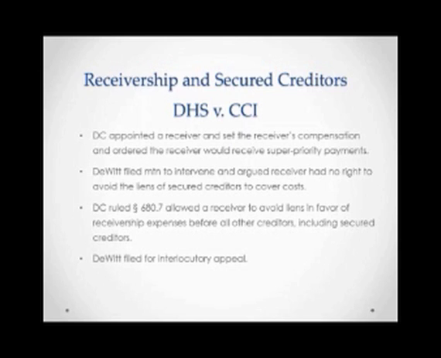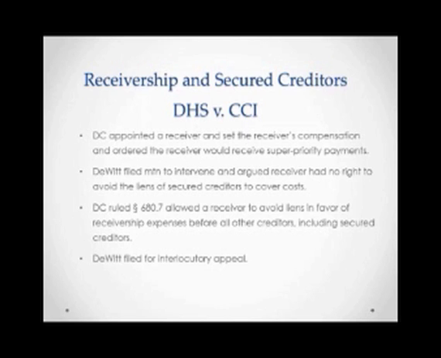And the district court entered an order appointing the receiver and setting compensation and ordering through pretty specific language that the receiver would receive super priority payments. So that phrase caught the attention of DeWitt Bank. They filed a motion to intervene and argued that the receiver didn't have any right to avoid their liens to cover the costs of the receivership.